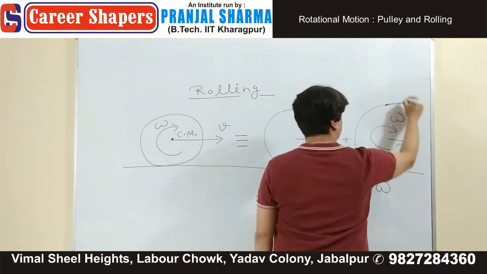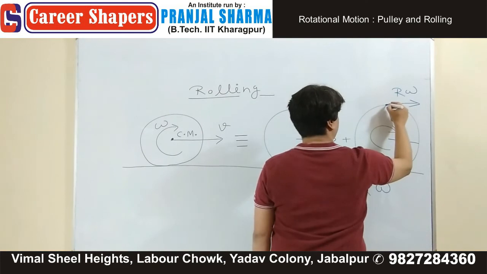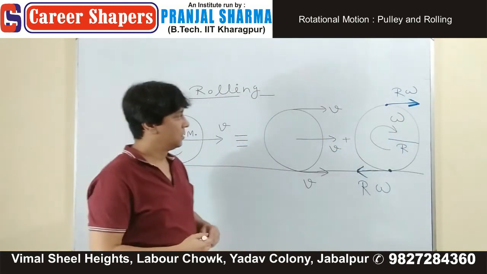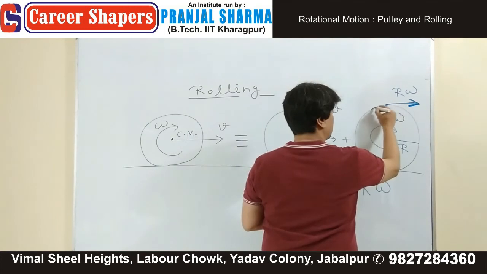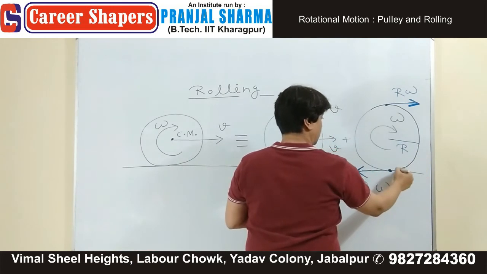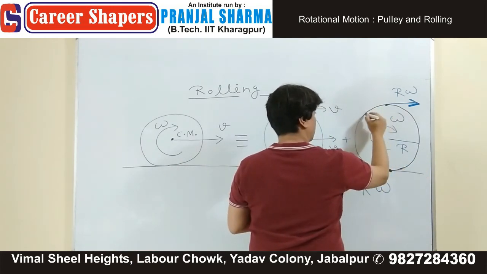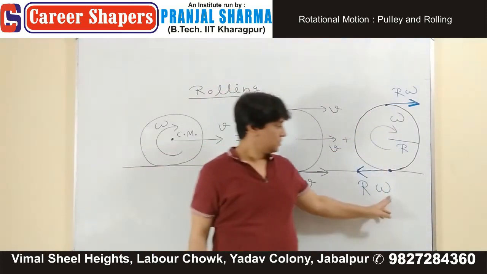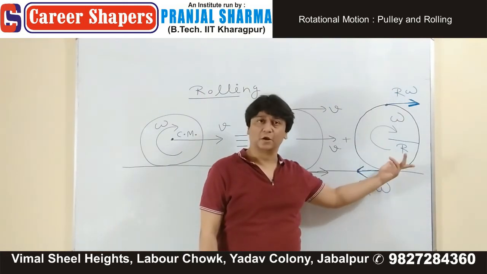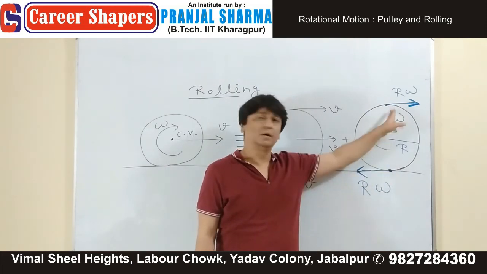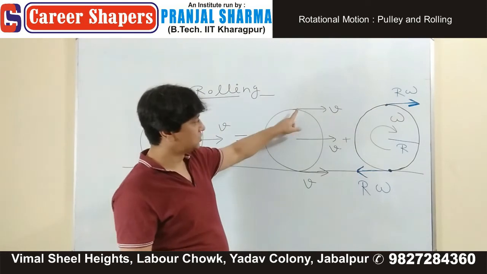This is also R omega. This is coming from circular motion. Every tangential point is moving with R omega. This is V, this is V.